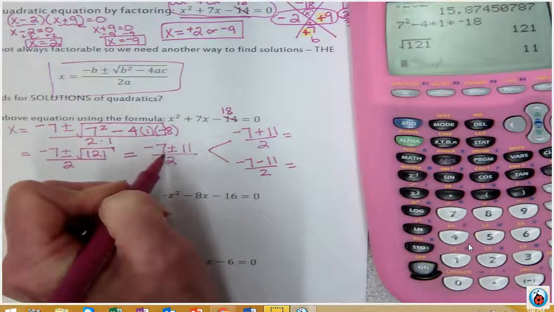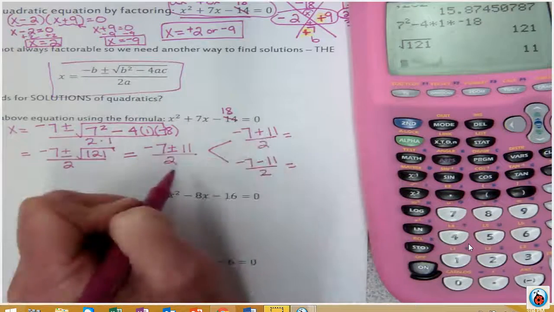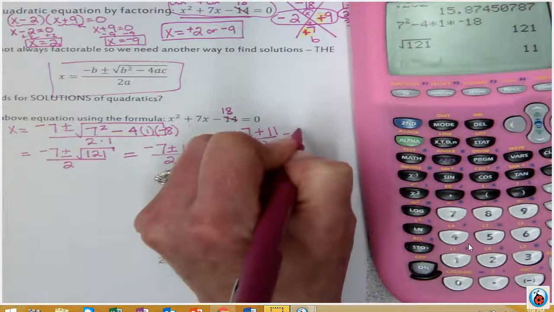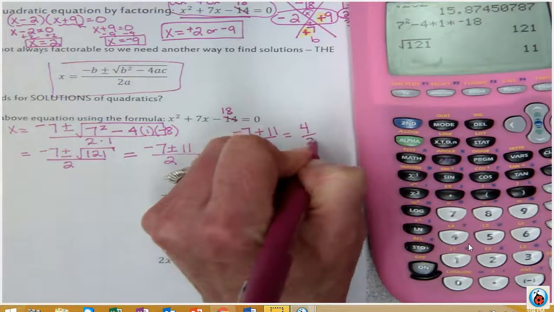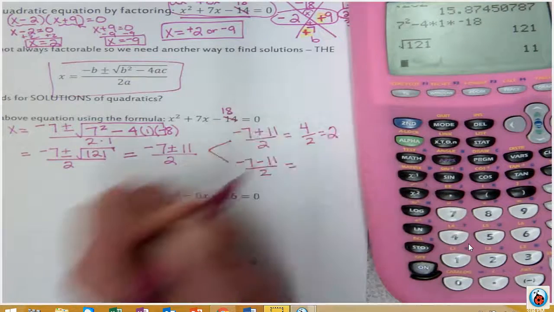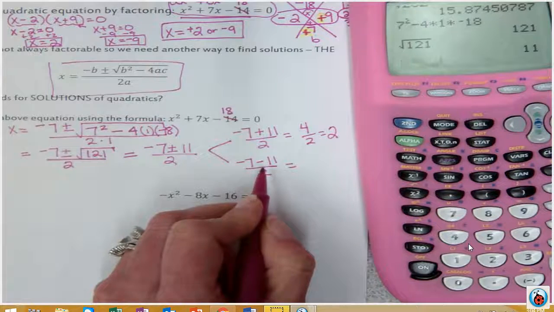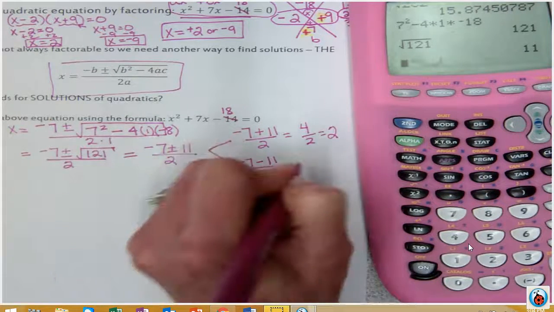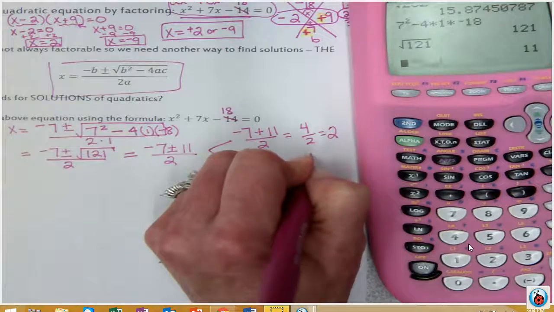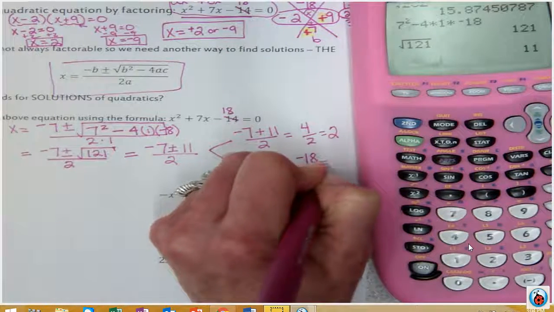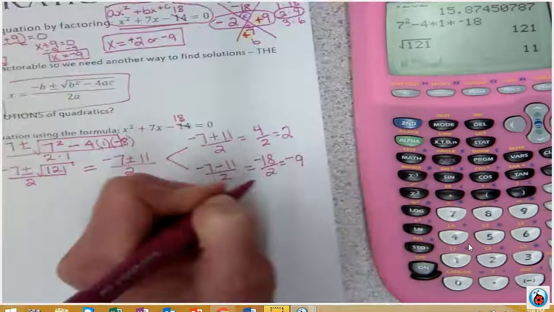Okay, so negative 7 plus 11 divided by 2 is going to give me 4 divided by 2, which equals 2. Negative 7 minus 11 divided by 2 is going to give me negative 18 divided by 2, which equals negative 9.